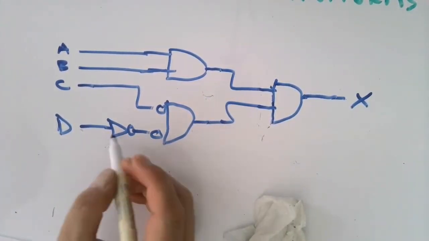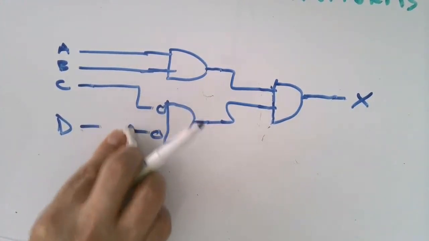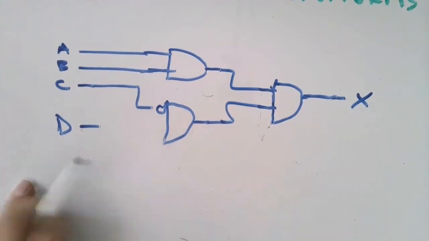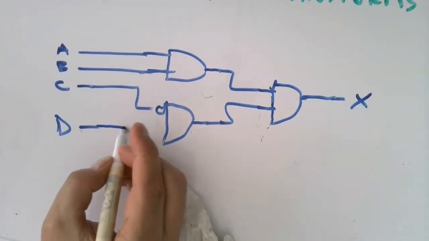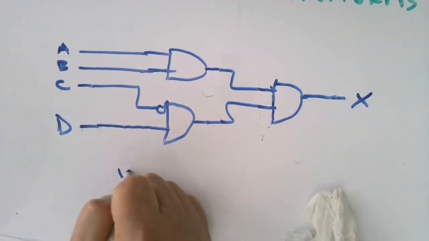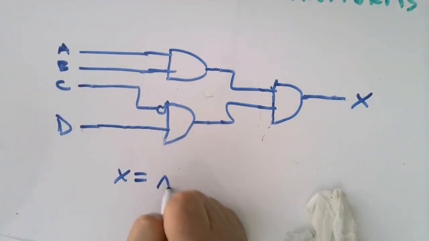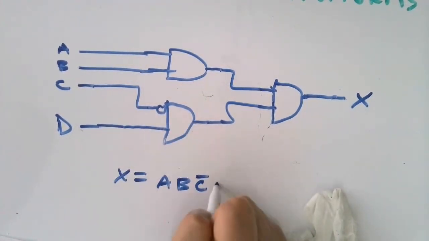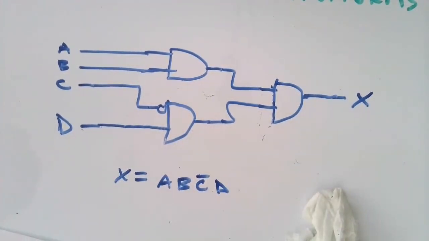So what does that mean? That means that inverter can completely go away. If only it was as easy as erasing it. And what are we left with? We have x equals A and B and C naught and D.